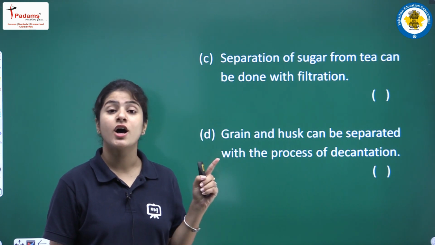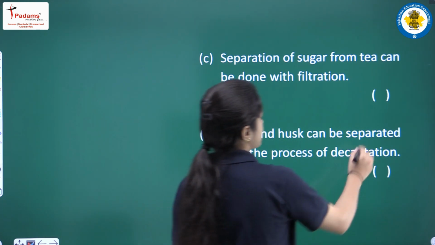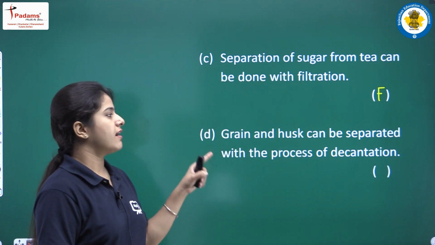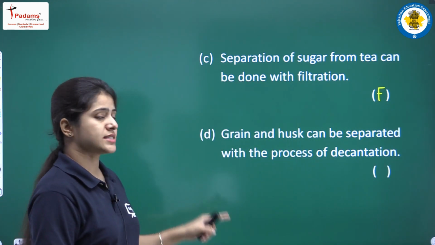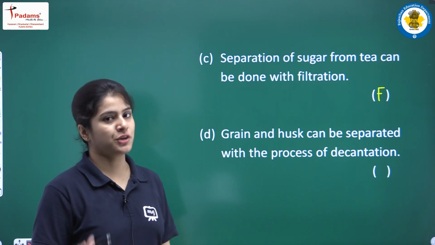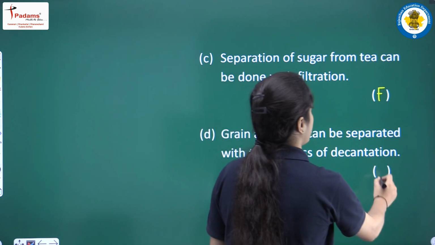Is that so? No students, this is false. Next, grain and husk can be separated with the help of the process of decantation. No, grains and husk are separated by the process of winnowing. So this is also false.